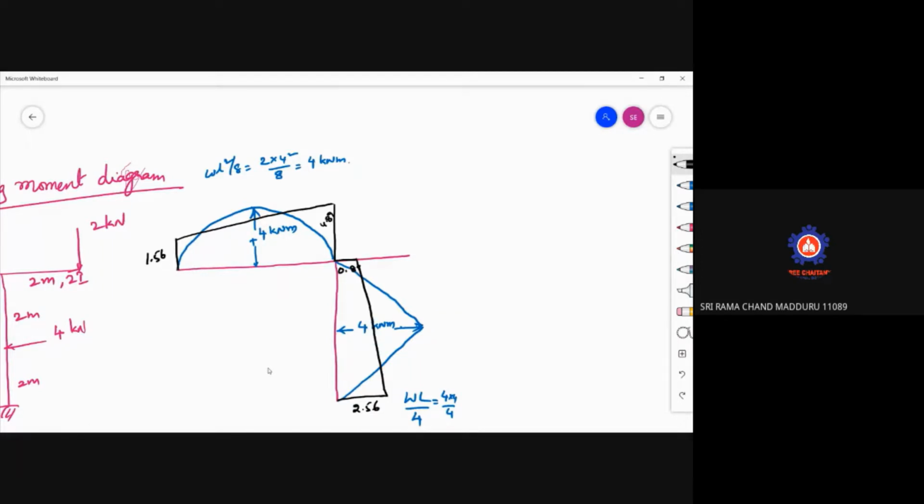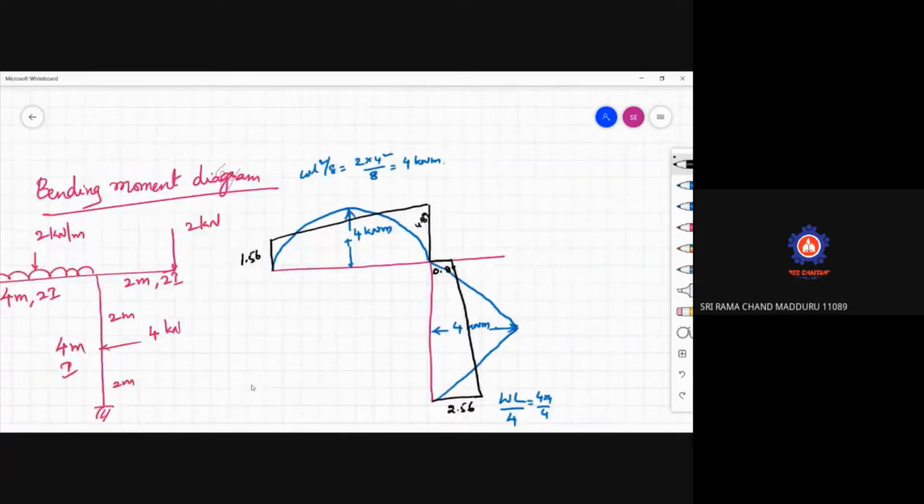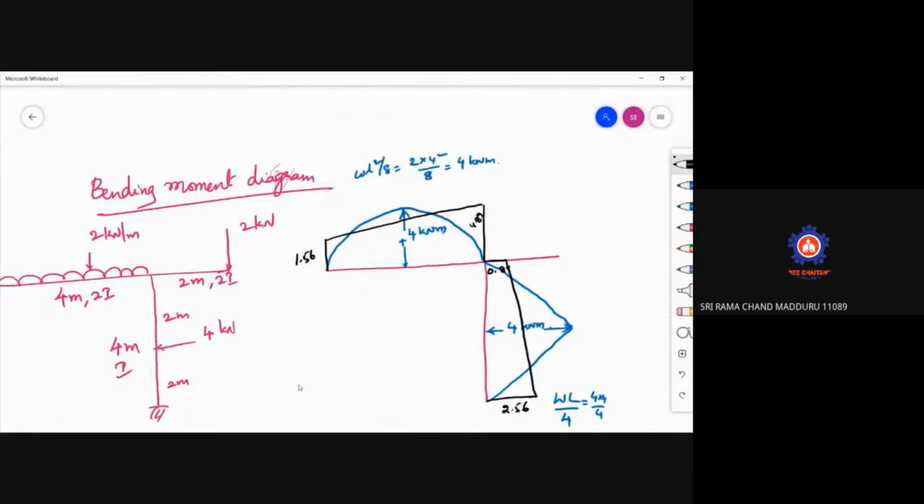Now in this, the overhanging portion is there. We know that the overhanging portion will give you hogging moment only, and that is negative bending moment. This is 2 into 2, 4 kilonewton meter, which is here like this, a straight line. So this portion is negative, this is positive, this is negative, this is positive, this portion is negative here, this is negative here.